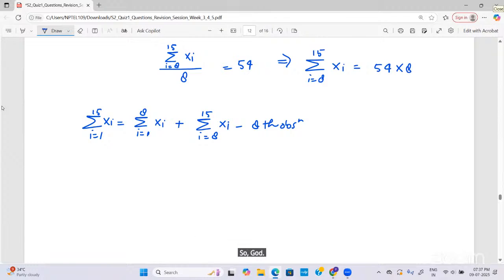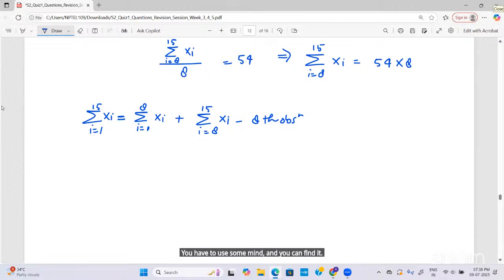There is no shortcut; you have to use some thinking. If n is equal to 100 and I ask for the last 4 observations, it will be 97, 98, 99 and 100.